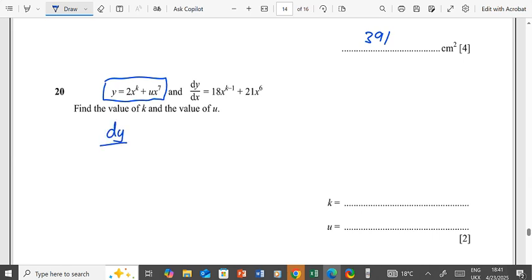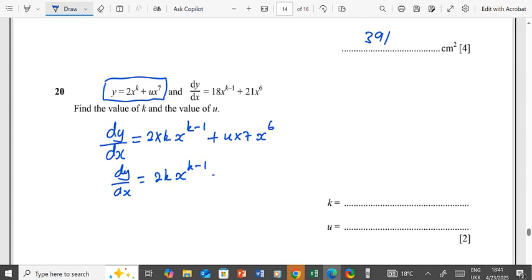So for this function, dy/dx is equal to the 2 and the k multiply, then x to the power k minus 1, then plus u multiplied by 7, and you're going to have x to the power 7 minus 1, which is the power 6. So dy/dx is equal to 2k x to the power k minus 1 plus 7u x to the power 6.